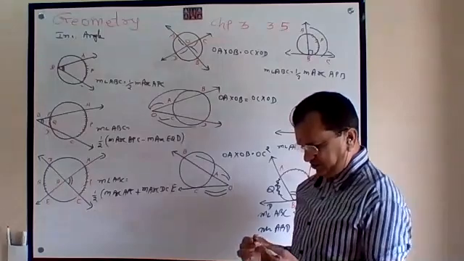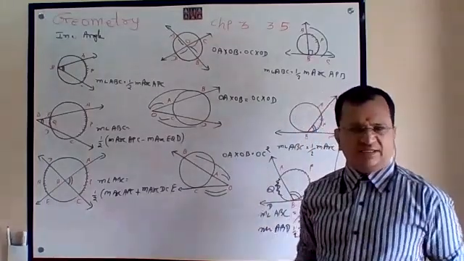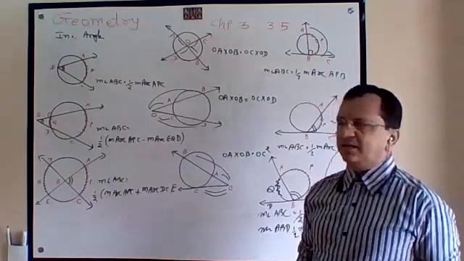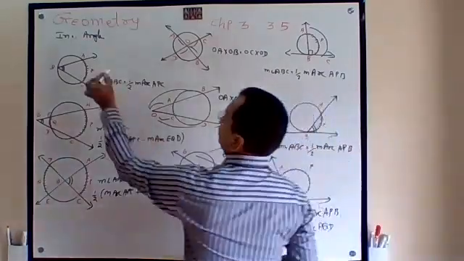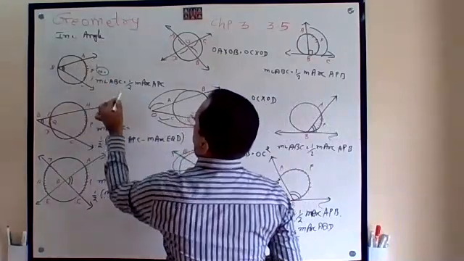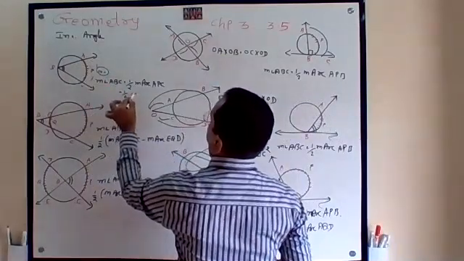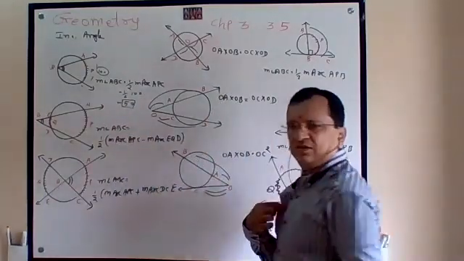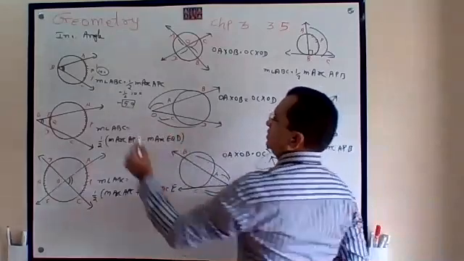Simple calculation. If we want to take all these 9 formulas, we will take them by example. Suppose the arc is 100, so half of 100 is 50. It is reversible.